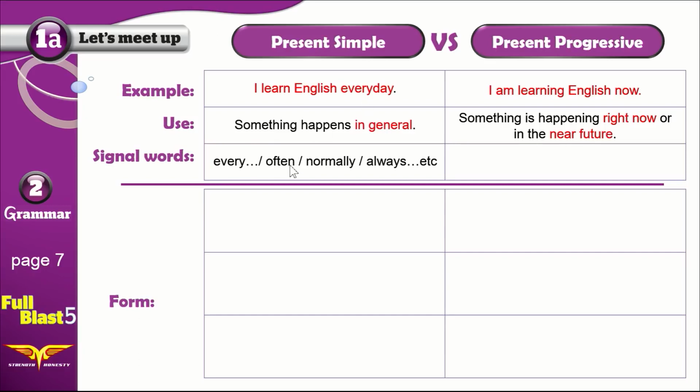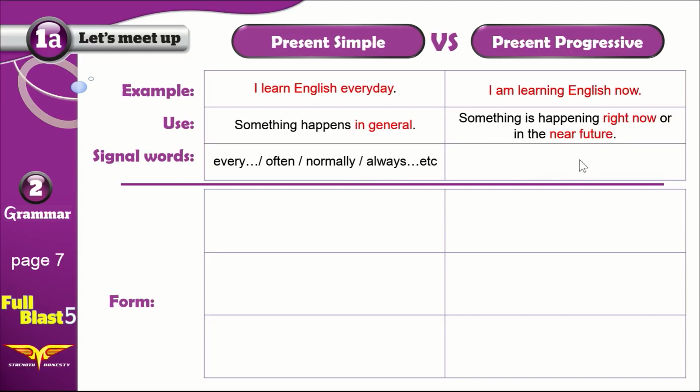We have often, normally, always. Like I normally visit my grandmother at the weekends. You can say, I always visit my grandmother at the weekends. I often visit my grandmother at the weekends. I usually, I sometimes, I rarely visit my grandmother at the weekends.